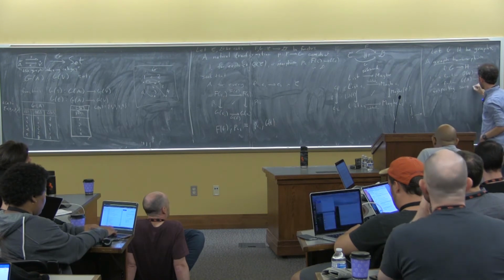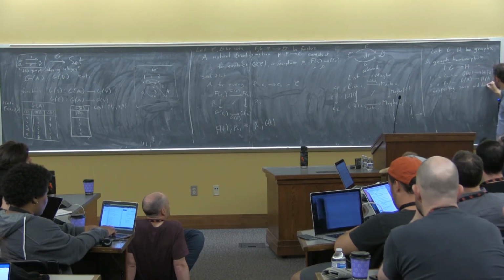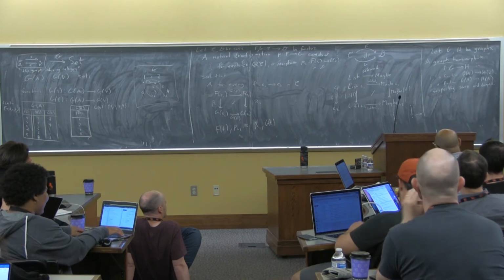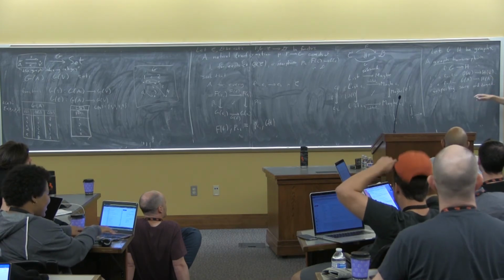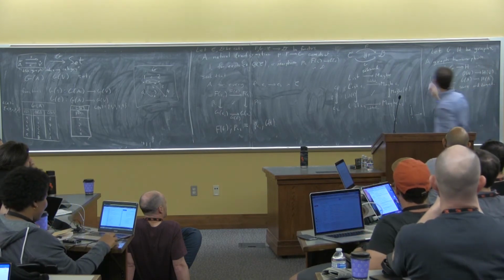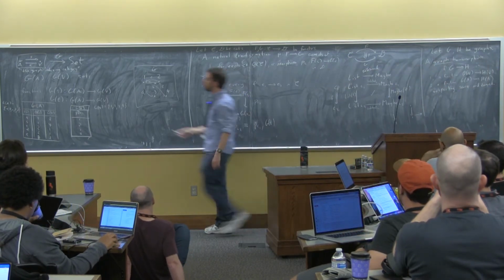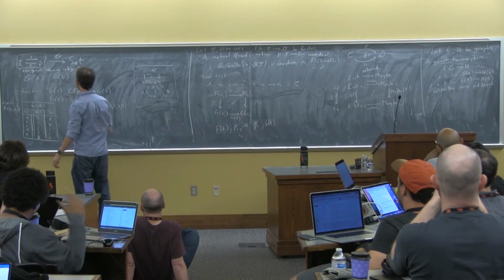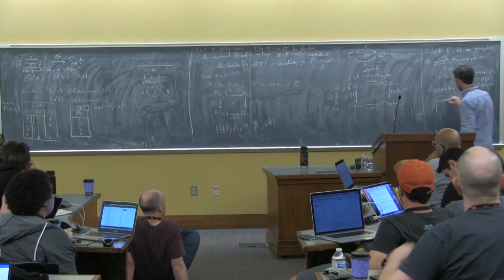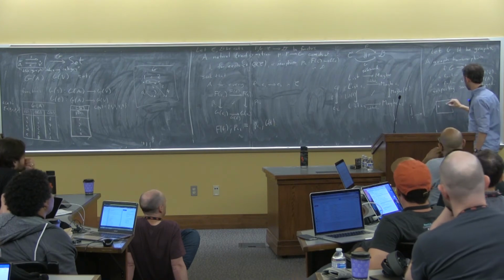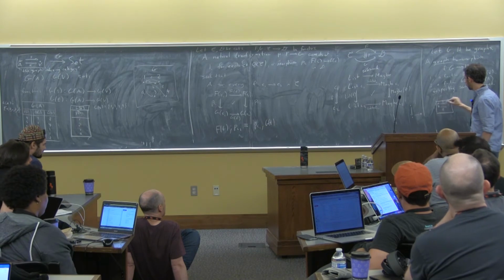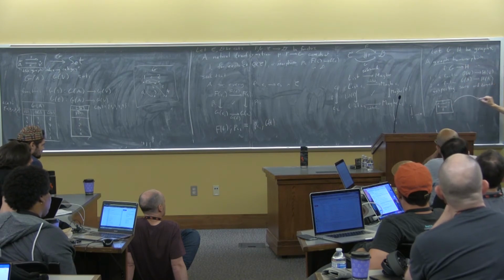So why don't I let you talk to your neighbor, and you can talk about anything that we've talked about so far. But if you want something specific, ask yourself whether, so a graph G is the same thing as a functor from this thing to set, right? So I now have two functors, G and H. So I have G, S and T, and A and V. And I have two functors from that thing to set.